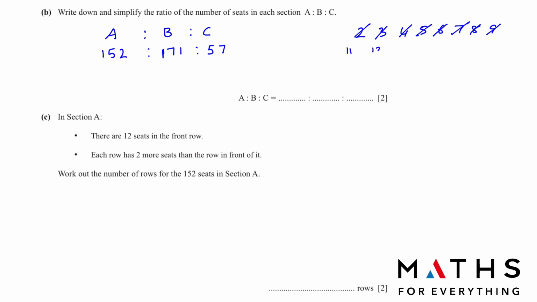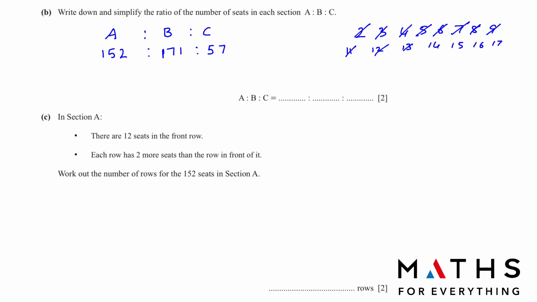We just try dividing the numbers. So 152 divided by 11, it does not give us an answer. With 12, it doesn't give. With 13, we don't have an answer. So let's try the other numbers.